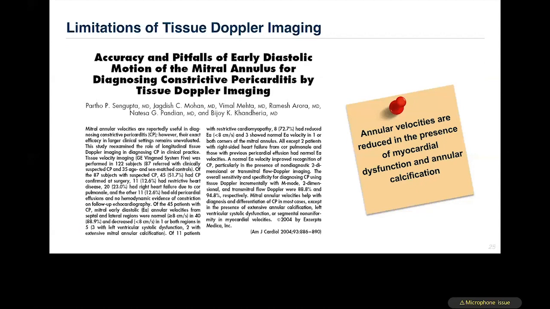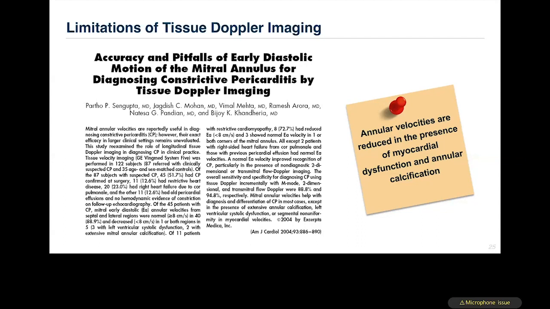For example, if you have a heavy calcification around the mitral valve annulus, or if you have a patient with a metallic prosthetic valve or prosthetic material in the annular plane, you may not be able to get very well defined mitral annular velocities.